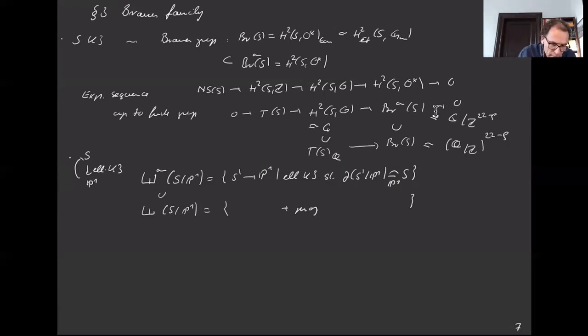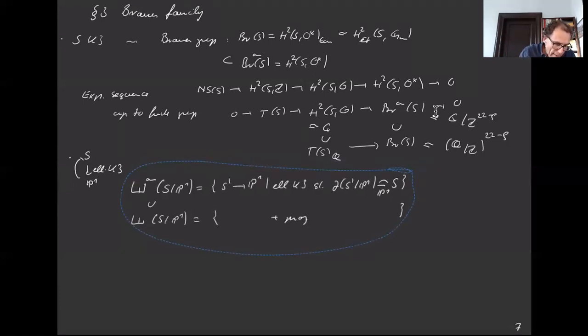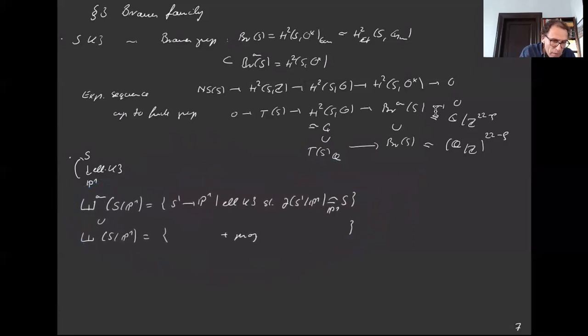Okay, here, so this relative Jacobian can be interpreted as a moduli space of rank 1 sheaves on the fibers.